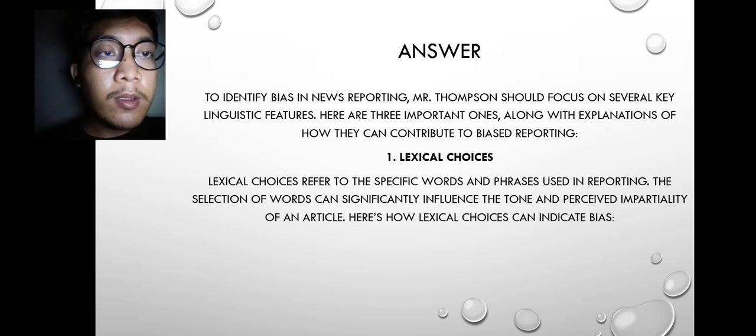1. Lexical choices. Lexical choices refer to the specific words and phrases used in reporting. The selection of words can significantly influence the tone and perceived impartiality of an article. Here's how lexical choices can indicate bias.